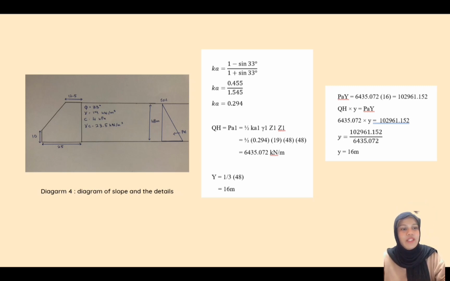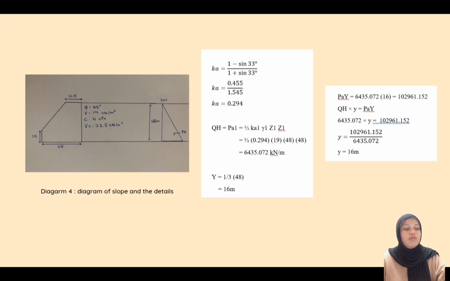And then we have to find QH multiply Y equal to PAY. So QH equal to PA, is it? So just fill in back: 6435.072 multiply by Y equal to PAY, which is we got 102961.152.